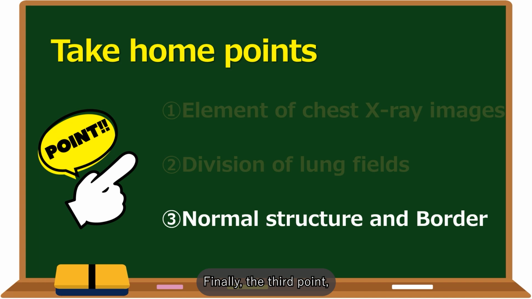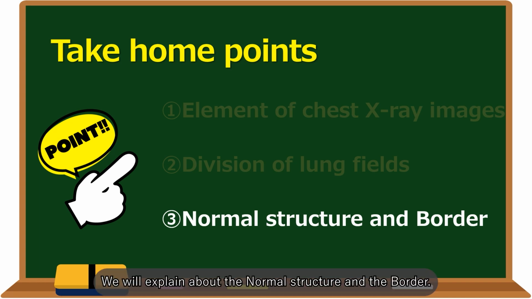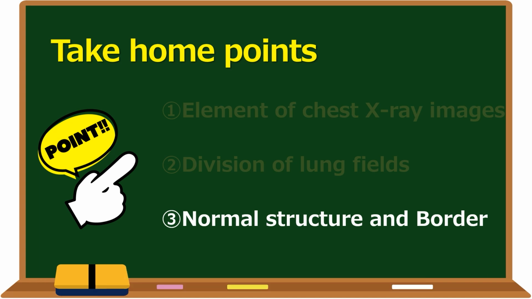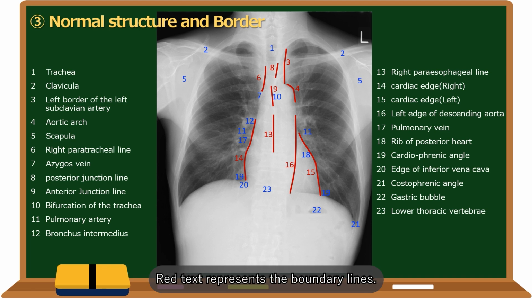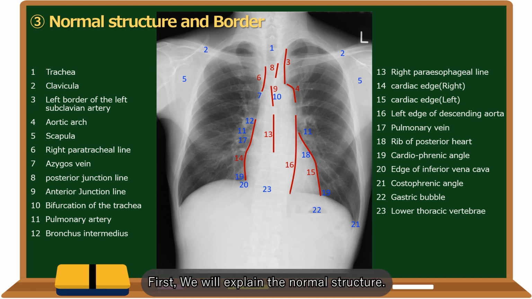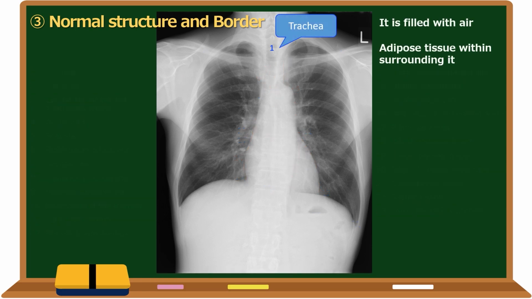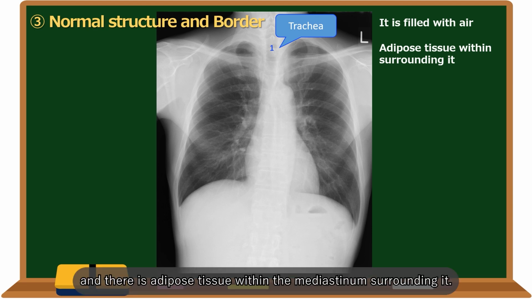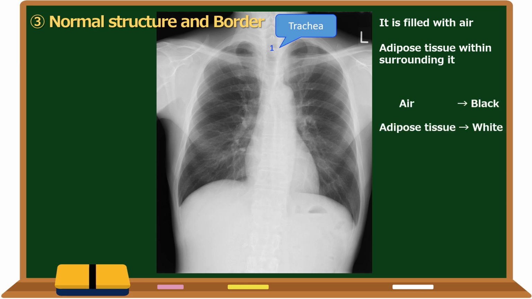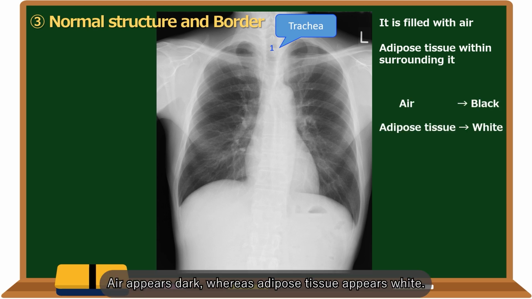Finally, the third point, we will explain about the normal structure and the border. Blue text represents the normal structure. Red text represents the boundary lines. First, we will explain the normal structure. Inside the trachea, it is filled with air, and there is adipose tissue within the mediastinum surrounding it. Air appears dark, whereas adipose tissue appears white.